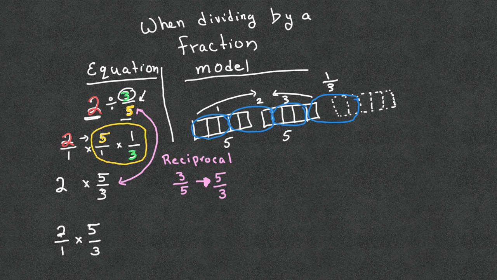And there's that 2 times 5 that we had, which is equal to 10. And then divided by 1 times 3, which is going to be 3. And if I have 10/3, I'm going to have 3 and 1/3. Hey, look at that. I got the same answer.